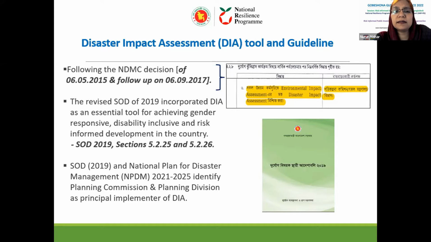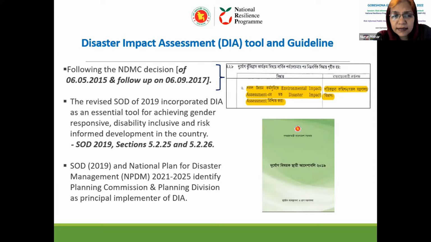It was later also mentioned in the meeting of the NDMC in 2017. This is a very top-level decision, and this committee is chaired by the Honorable Prime Minister. And we also know our guiding tool for the disaster management system, the most important document, is the SOD, which was updated in 2009, and it gives all the ministries and divisions the roadmap of who will do what and when.